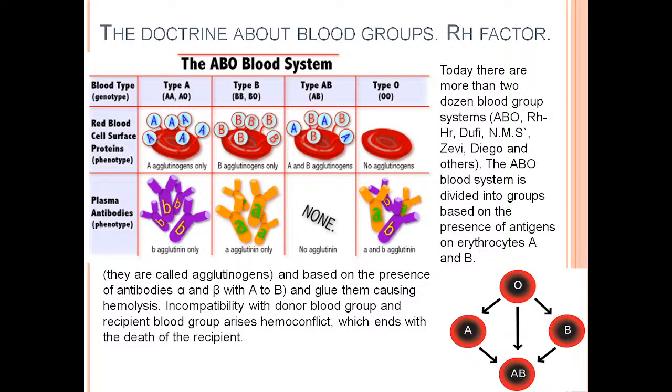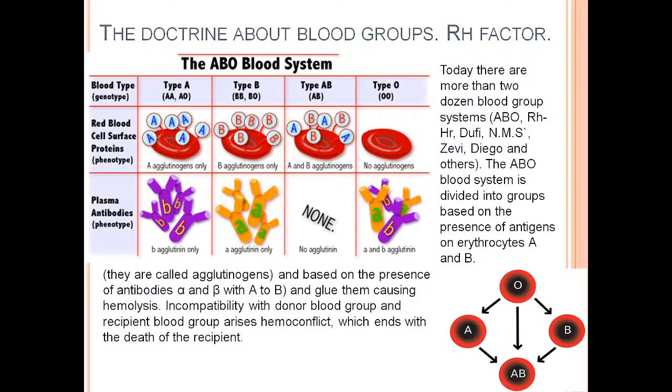Today, there are more than 24 blood group systems: ABO, Rh, HLA, Duffy, and others. The ABO blood system is divided into groups based on the presence of antigens on erythrocytes, A and B, which are called agglutinogens, and based on the presence of antibodies, alpha and beta, which glue them, causing hemolysis.